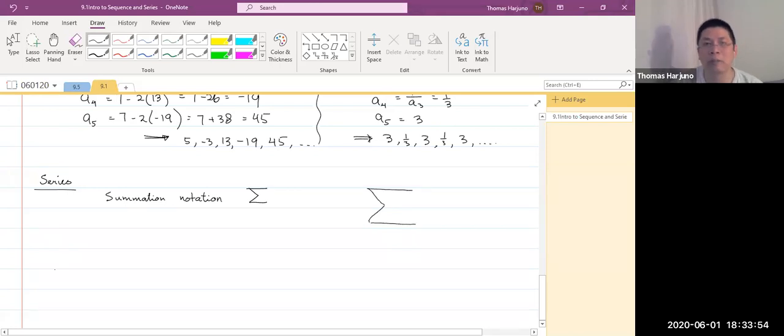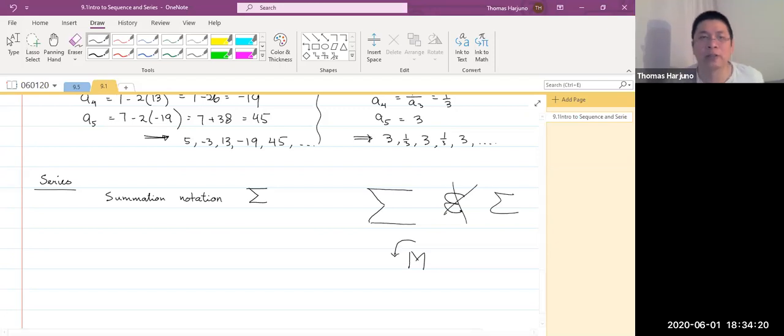That's what a summation notation should look like. Not like this, not this. This one is okay, actually. It's basically like a capital M that you turn 90 degrees to the left, counterclockwise. That's the summation notation.